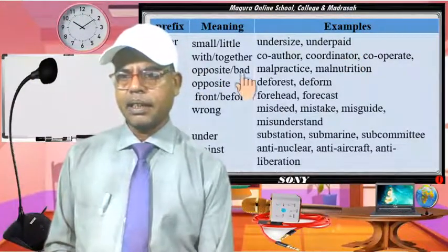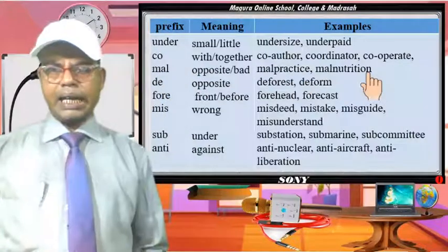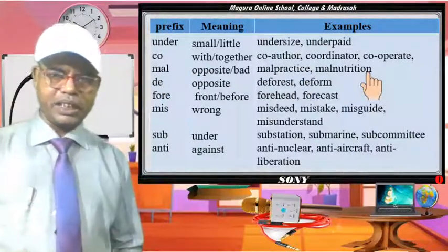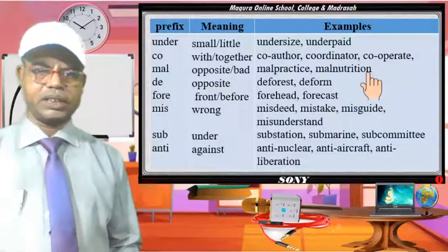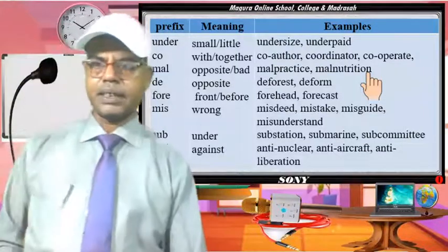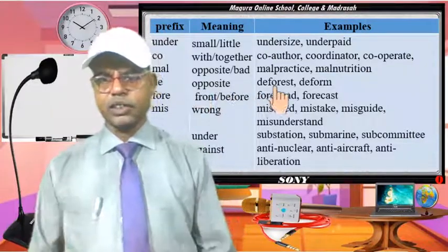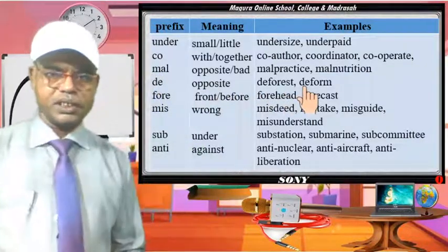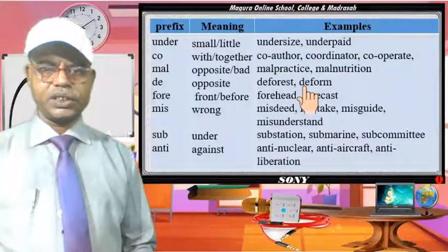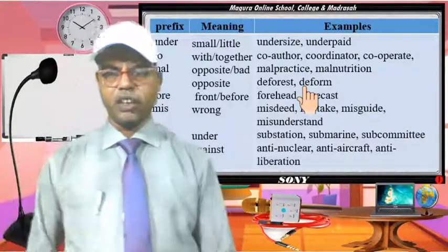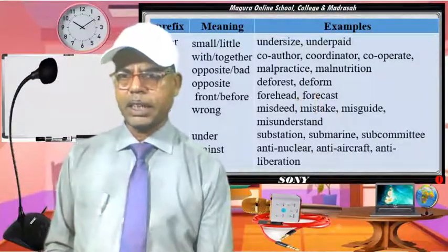Then mal, its meaning is also opposite. Malpractice, malnutrition, something like that. Then de, it also means opposite. Deforest, deform, this may be the example.